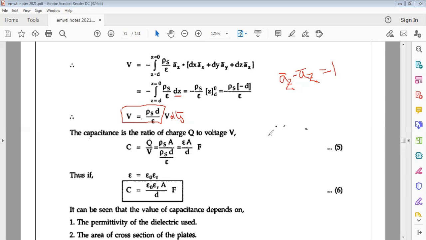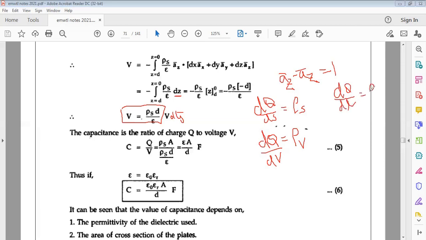the change of charge with respect to the volume is rho V. The change of charge with respect to the surface, dq by ds, is rho S. The change of charge with respect to the length, dl, is rho L. Length means only two points joined.